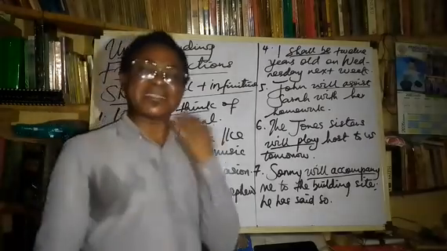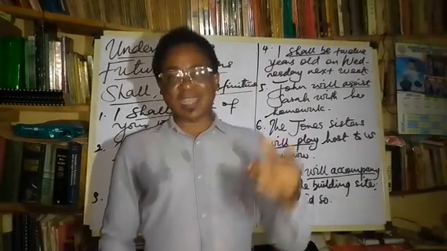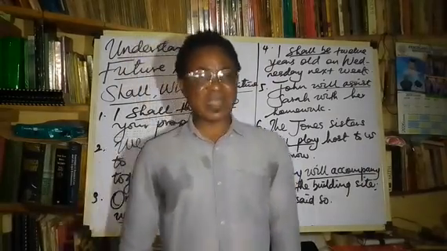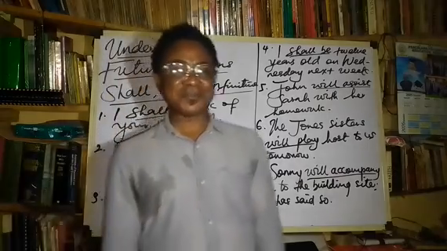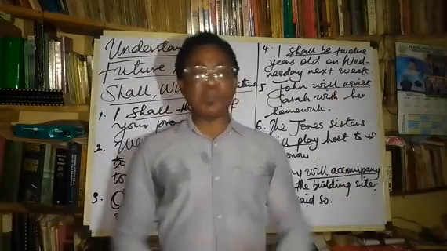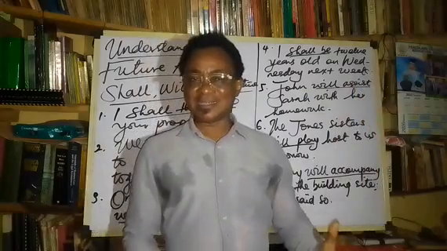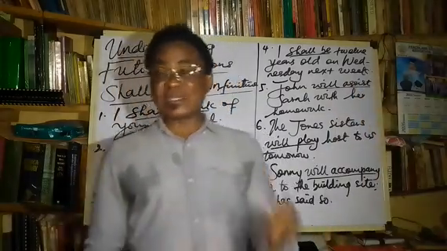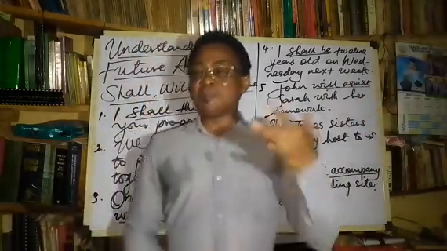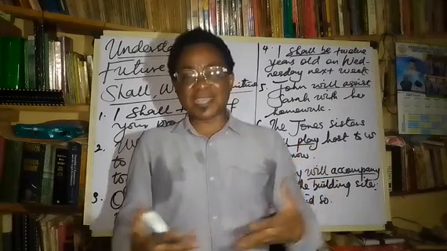So let us see what we have said so far. When we use shall to express the future tense, to express a future action, we mean probably. We're expressing a probability that an action will take place. So probability means may or may not. So there is no commitment attached to the speech.